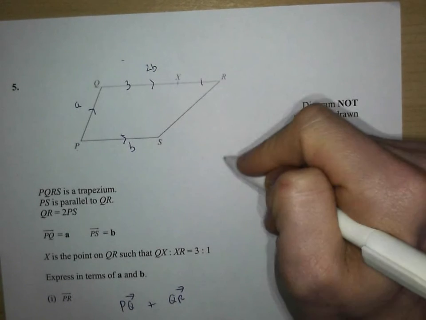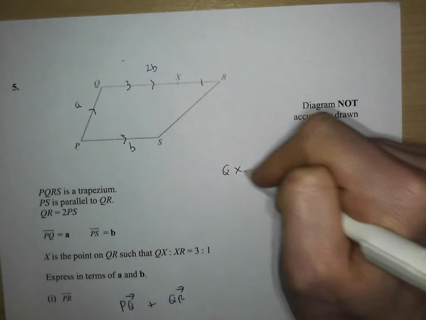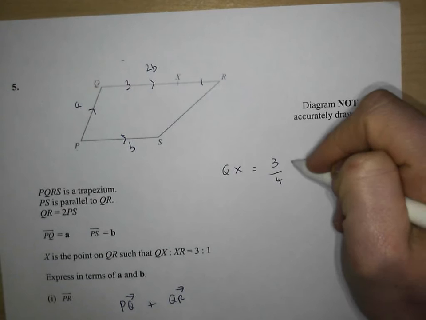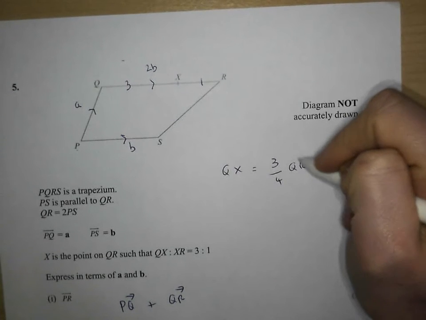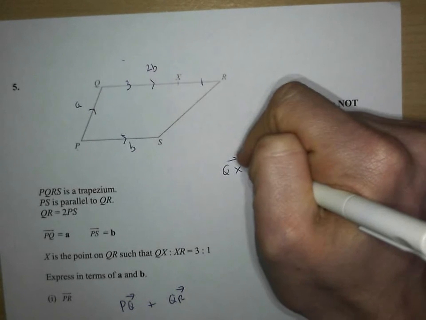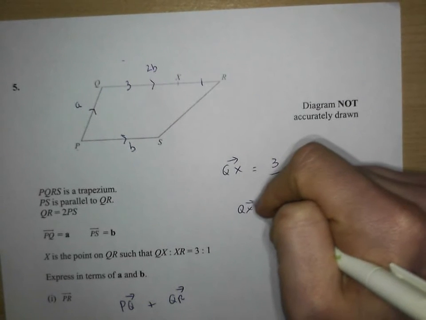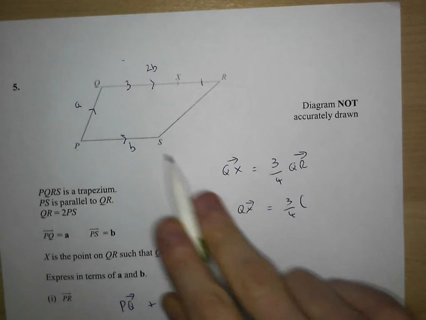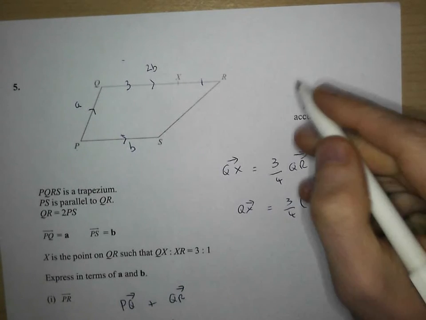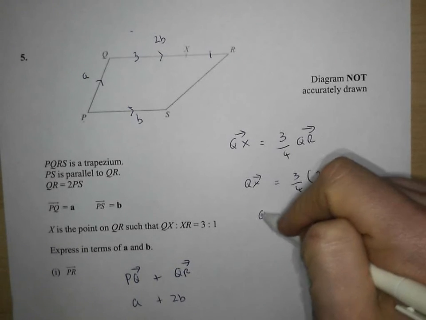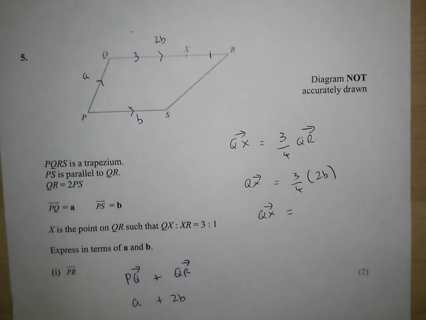So, if I just write this down here, Q to X is going to be 3 out of the 4 parts, or 3/4 of the Q to R vector. Well, we know what the Q to R vector is, so I forgot my little arrow there. Q to X is going to be 3/4 of the Q to R vector, which was just 2 B's, so 3/4 of 2 B's. Now, as I've been saying all the way through these videos, to master vectors, you've got to be good at your fractions.